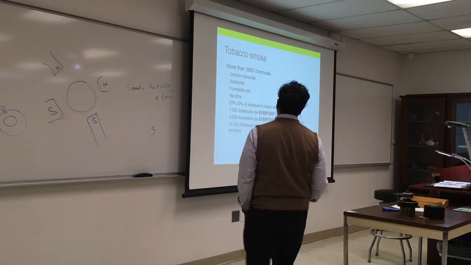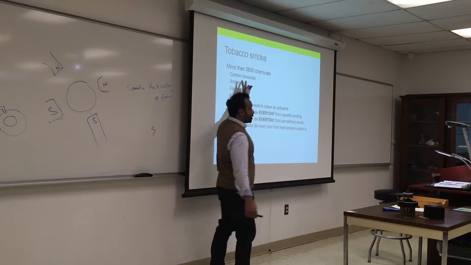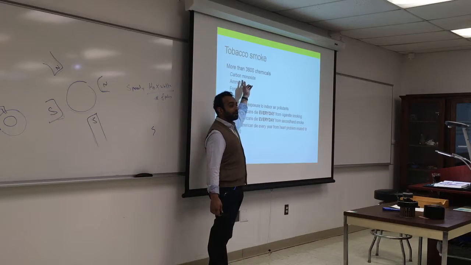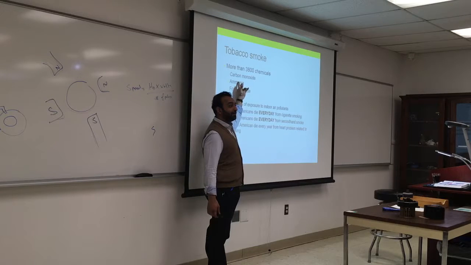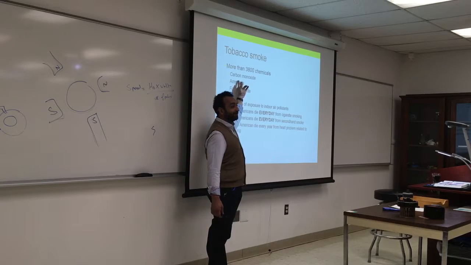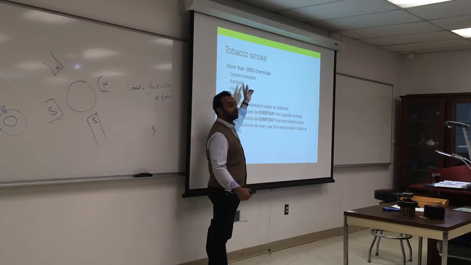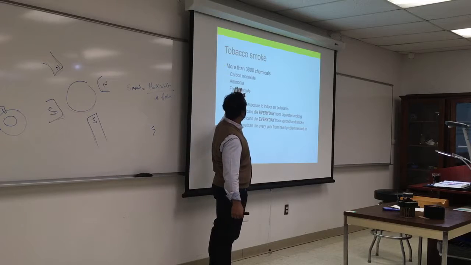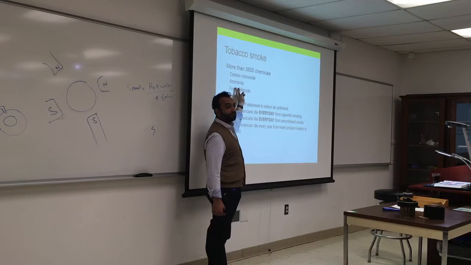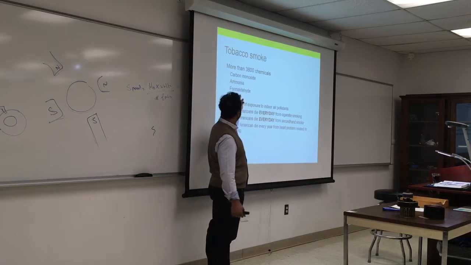So carbon monoxide is going to occur whenever you burn something and you inhale it. Whatever it is, tobacco, cannabis, papers, mint, anything you burn with fire is going to produce carbon monoxide. Ammonia is something particular to tobacco, and it's also used to wash and preserve the tobacco.